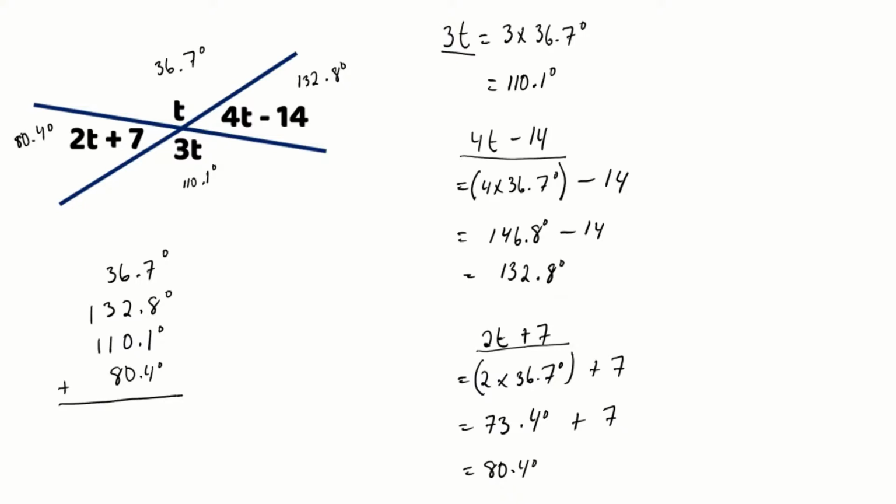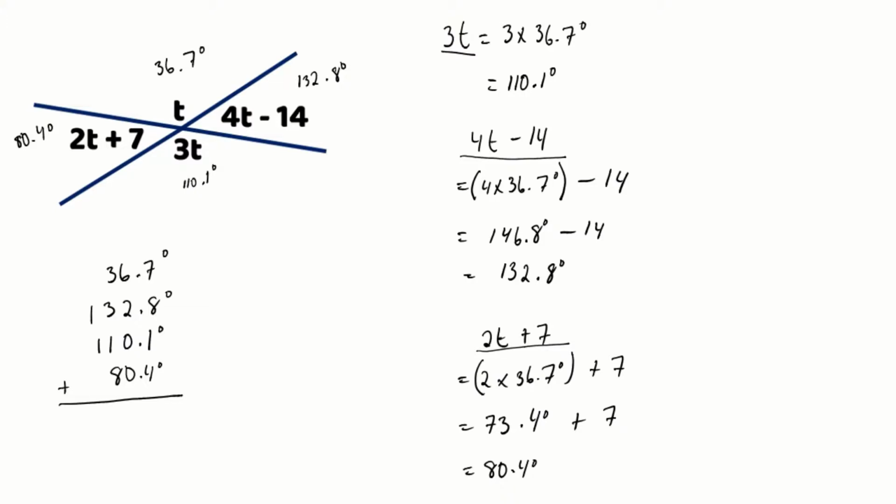And if they sum to 360 degrees, then I know my answer is correct. And if it doesn't, that means that I need to go back and check my working to see if I may have calculated one of these angles incorrectly, or if maybe my answer for t is actually incorrect.